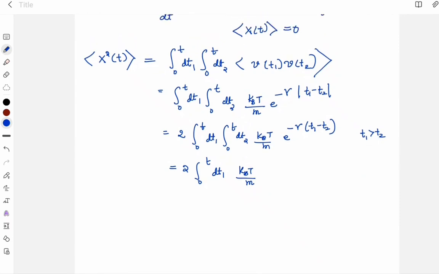Since we make it twice, this will only go up to t1, because for the other half, let's say this is our rectangle, with the t1 and t2 axes, t1 is going up to t, t2 is going up to t.